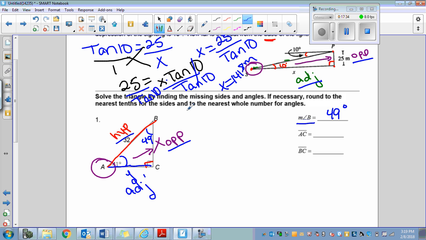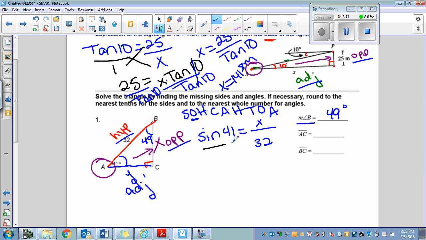Which trig function, SOHCAHTOA, which trig function uses opposite and hypotenuse? Opposite and hypotenuse. We have sine. So sine of our degrees, which in our case we chose 41, we circled it, equals, sine says opposite comes first, which is X, over hypotenuse, which our hypotenuse is 32.